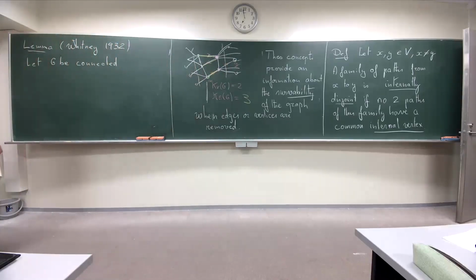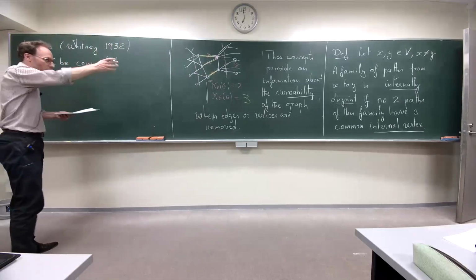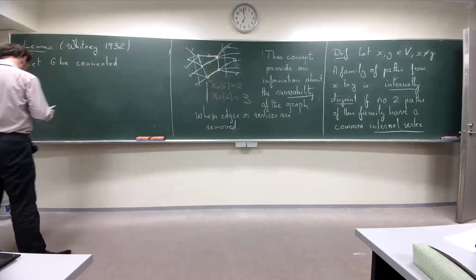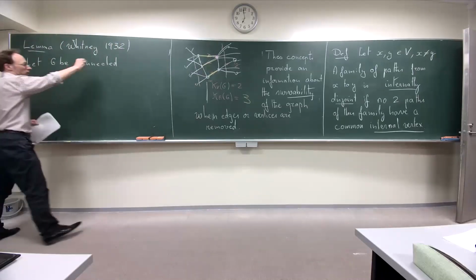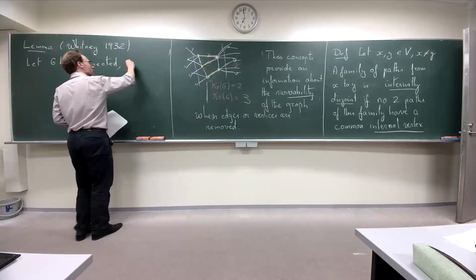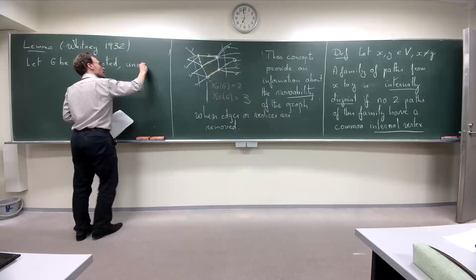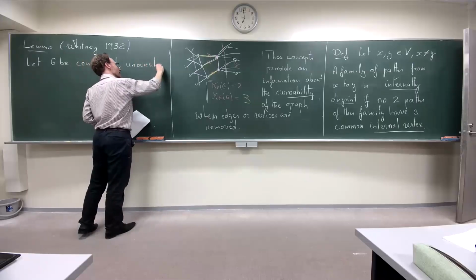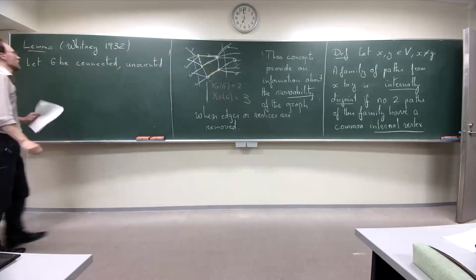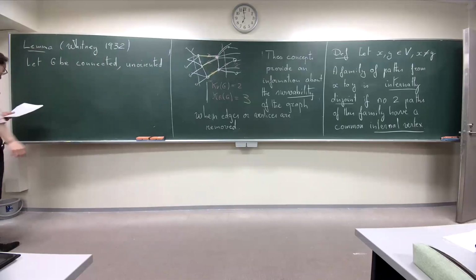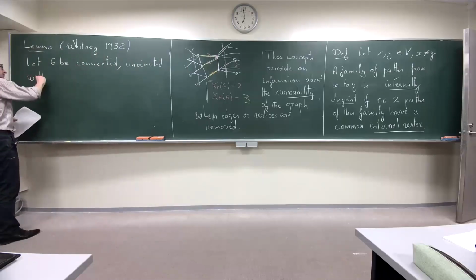So it's really from X to Y. But at that time they were not interested in orientation. So for this lemma, the graph is unoriented, connected, and with at least 3 vertices.